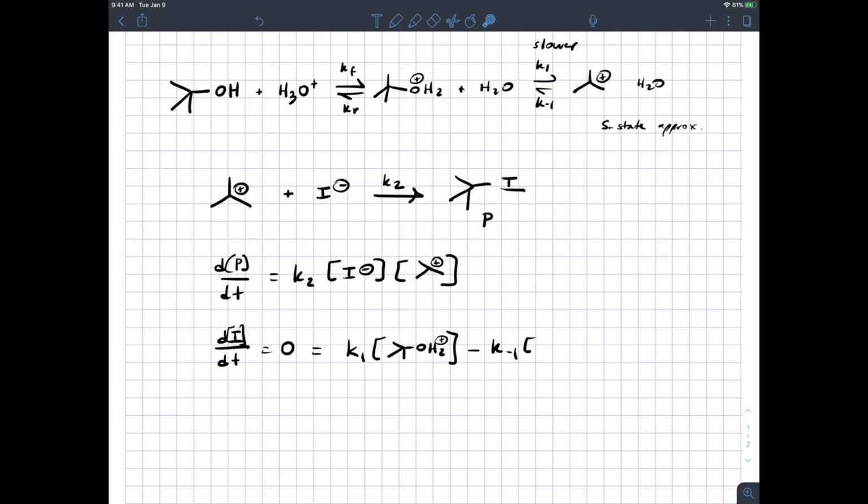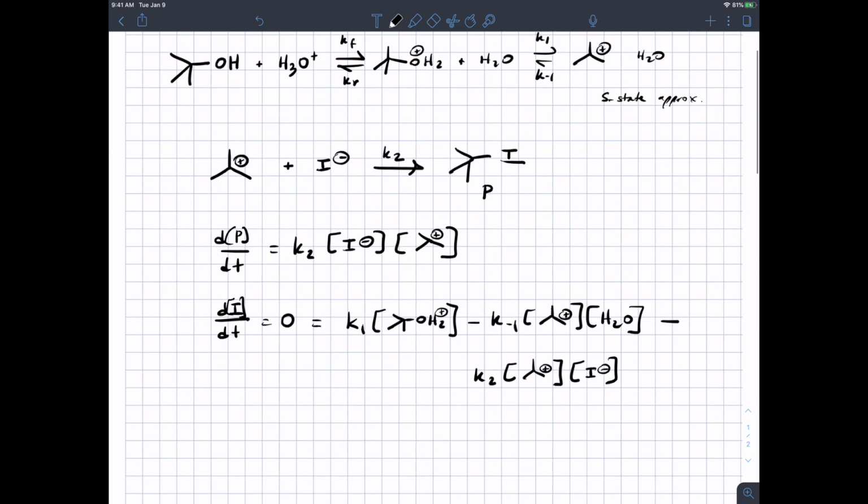This is the backwards reaction at this stage, so that would be carbocation and water, right? And then we are also going to subtract k2 times the concentration of the carbocation and I-.